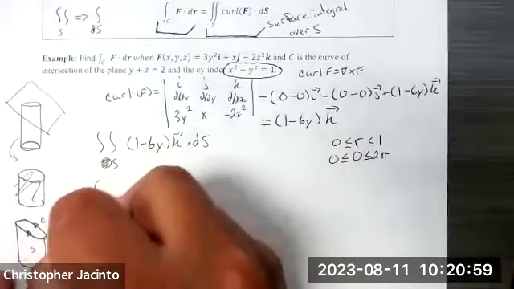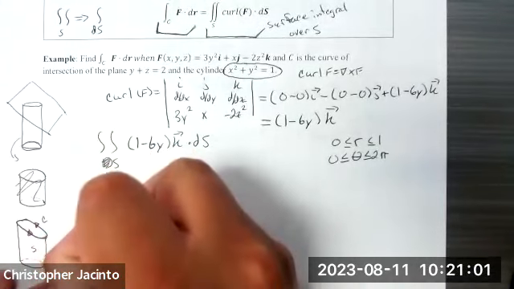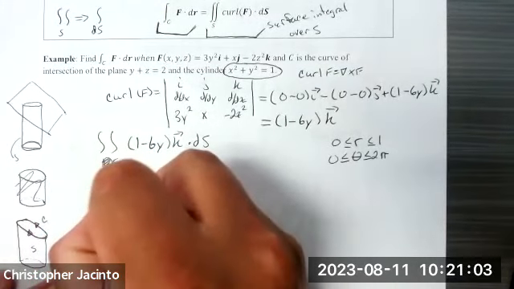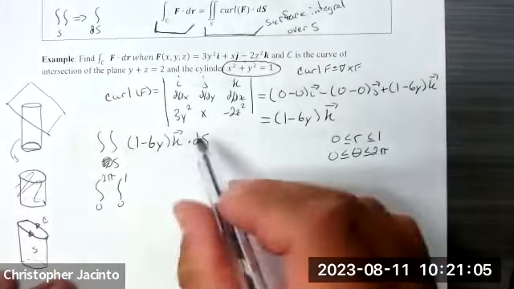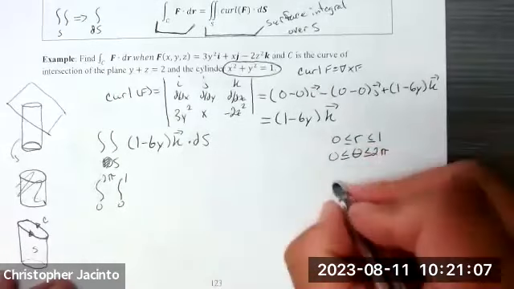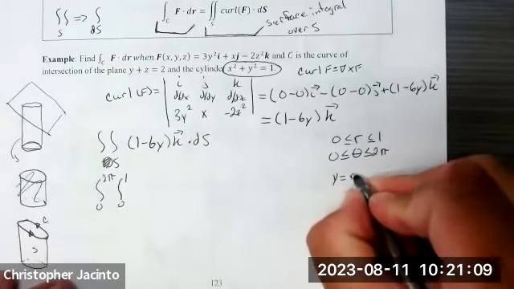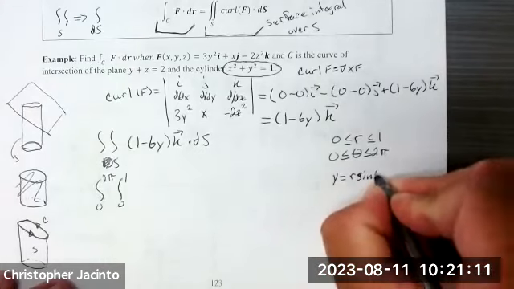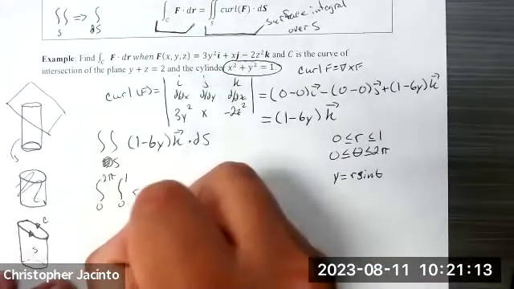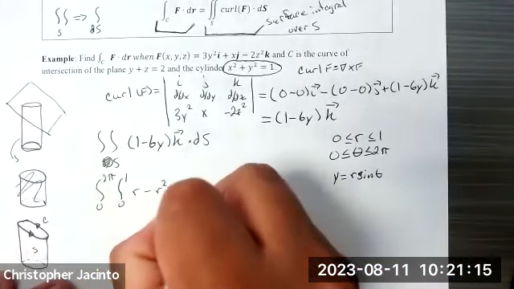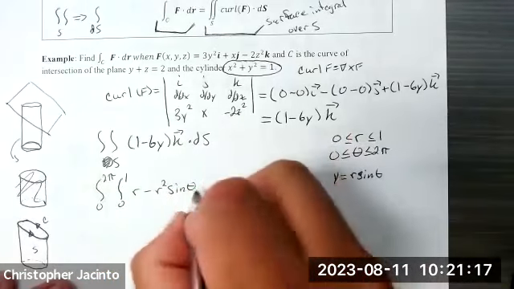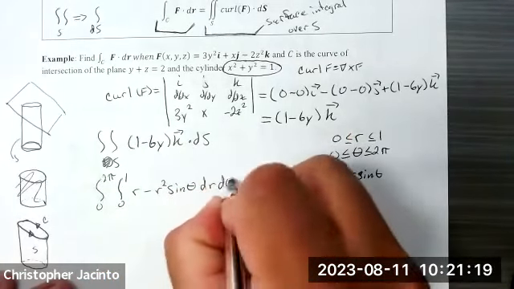this becomes the integral from 0 to 2 pi and 0 to 1 of r times all this. Remember, y is r sine theta. So it's r times r squared sine theta, because again we have to multiply by r, dr d theta.